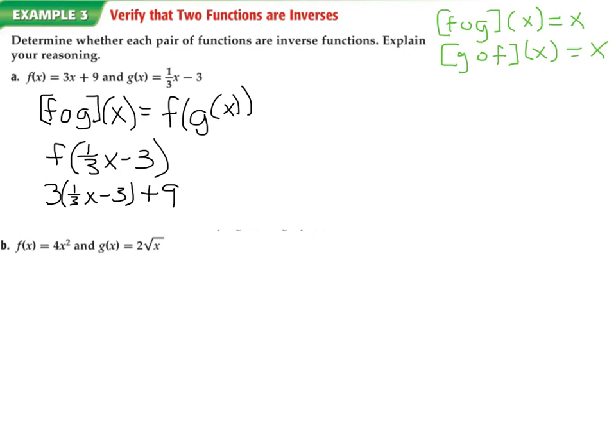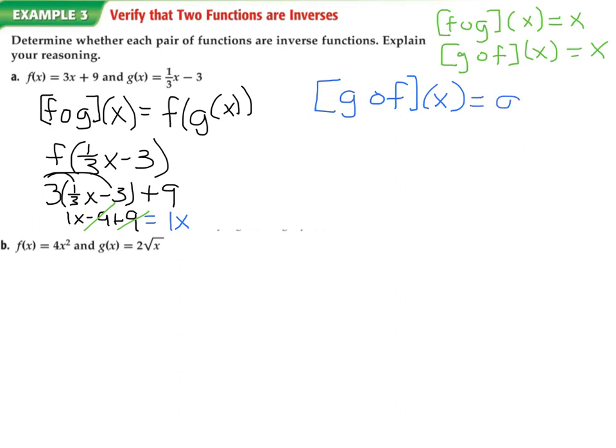If I simplify that, I'm going to distribute my 3 through, so I'm going to have 1x minus 9 plus 9. My 9's are going to cancel, so my answer is just 1x, or just x. Now let's test the second one. We have g of f of x, and we know we can rewrite this as g of f of x.